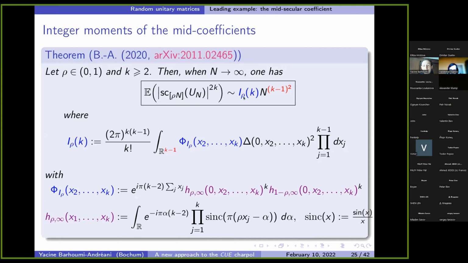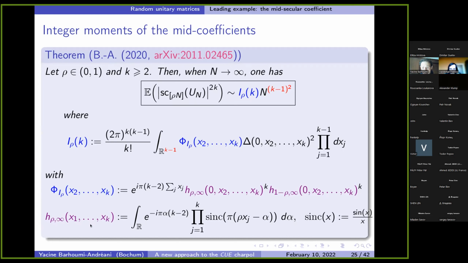So what is this? You have the behavior, and this is the main interest in my type of results. You see that the result is an integral over R^(k-1), minus 1 is important here, of a certain function against a square Vandermonde determinant. The function writes as a particular exponential that I could put elsewhere, a product of two functions power k, h rho and h 1 minus rho.